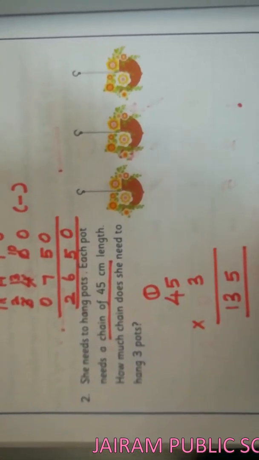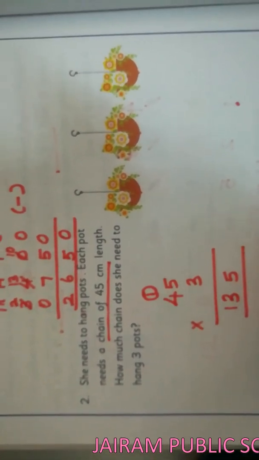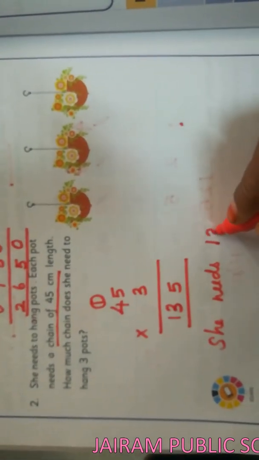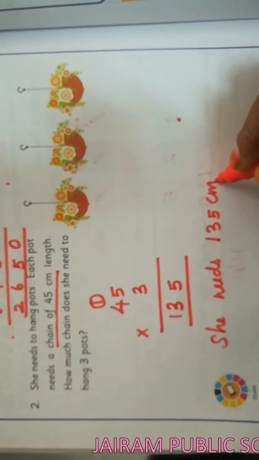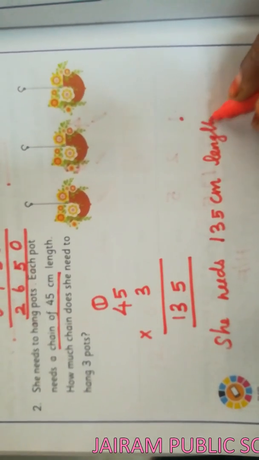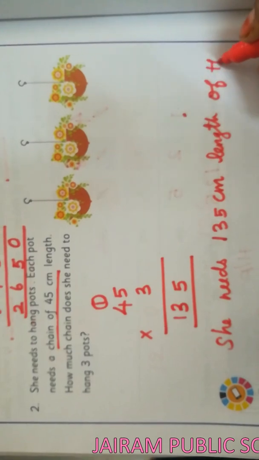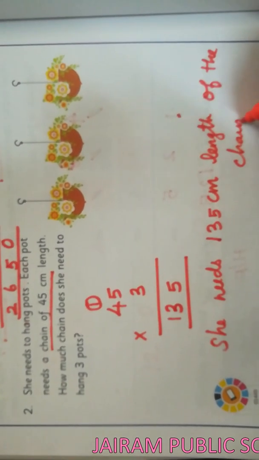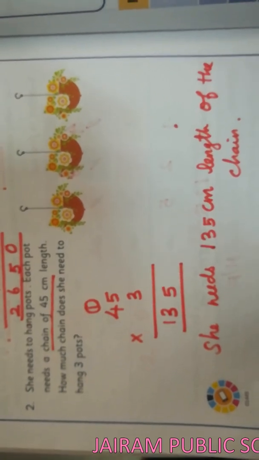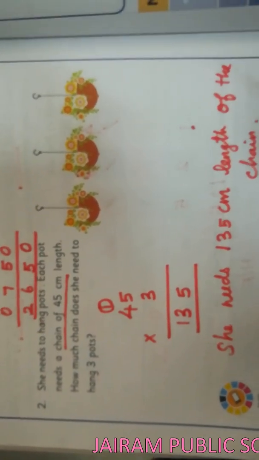So the answer will be 135. She needs 135 centimeter length of chain for hanging 3 pots.